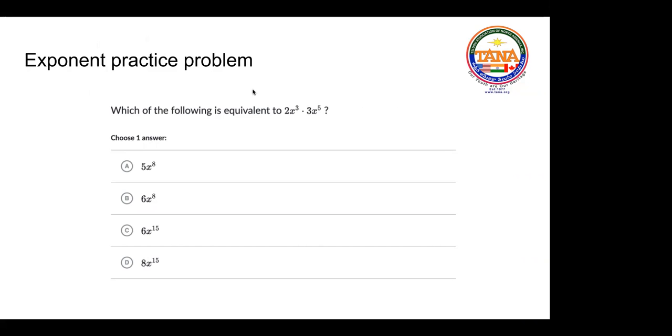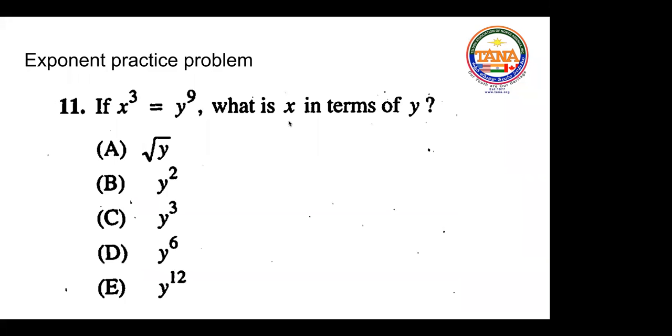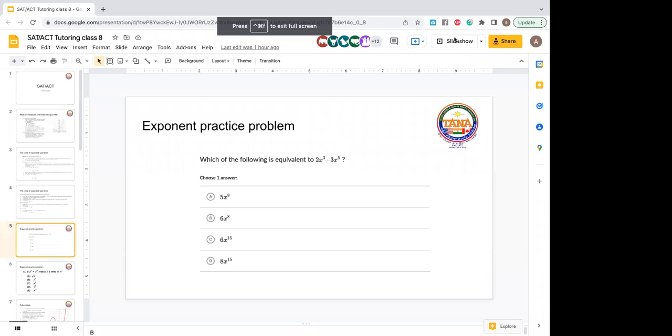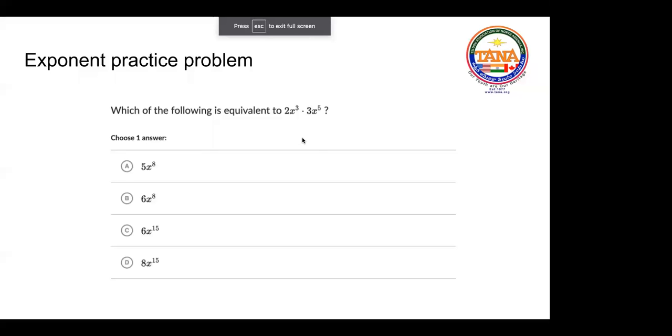All right, I guess I'll start doing this problem now. The question is: which of the following is equivalent to 2x to the third times 3x to the fifth? As we said before, when you have a x to the m times b x to the n, you multiply a and b, and you add m and n.